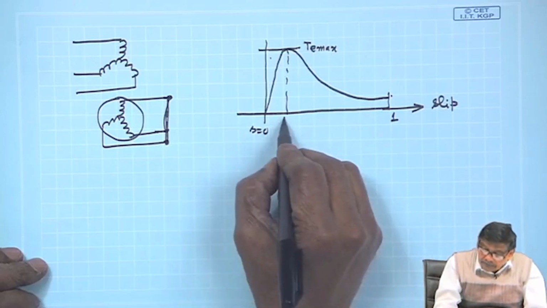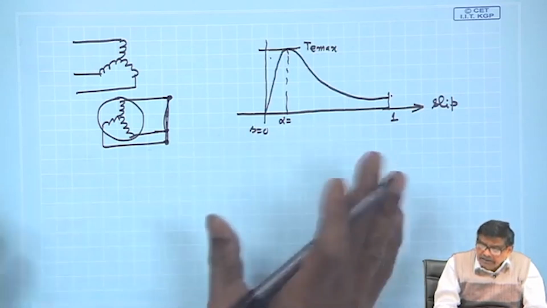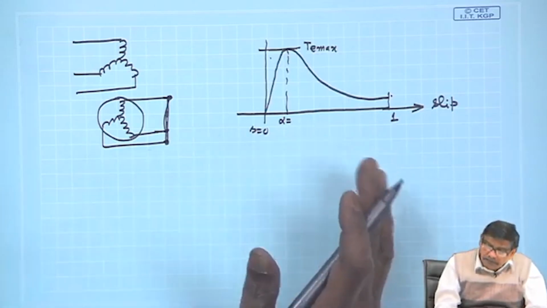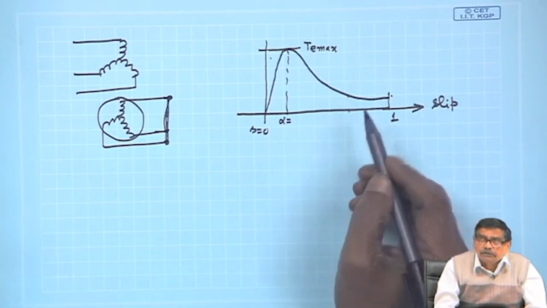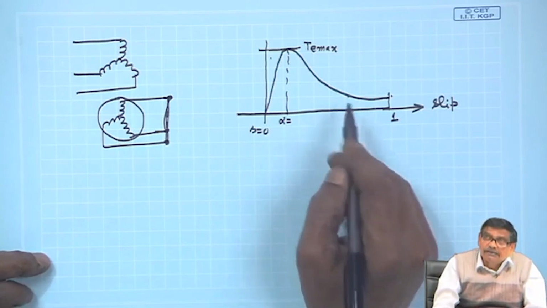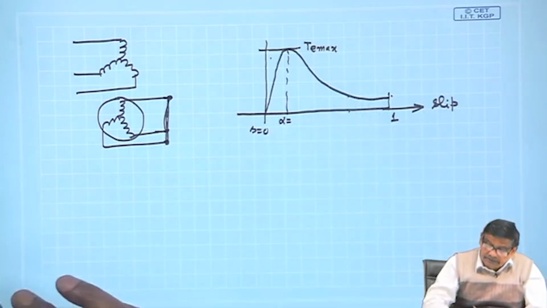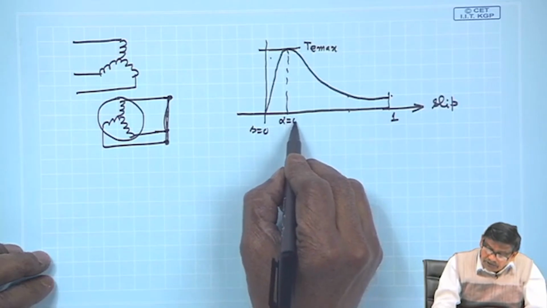It has nothing to do with the load torque, it is the machine's capability. If it runs at this slip, it will develop this much of torque. Therefore, your load torque must match that at that point, that is the thing. Now, this is the alpha whose value is about 0.1.